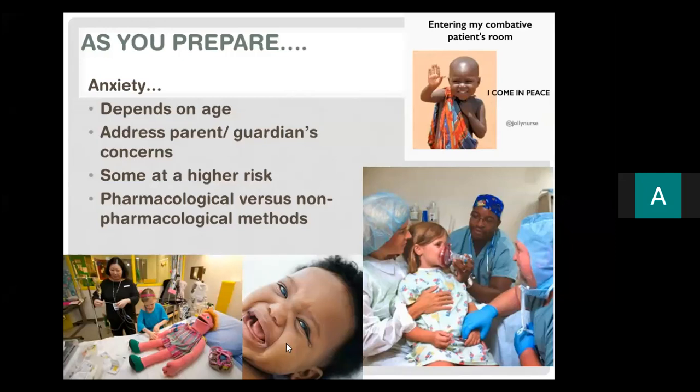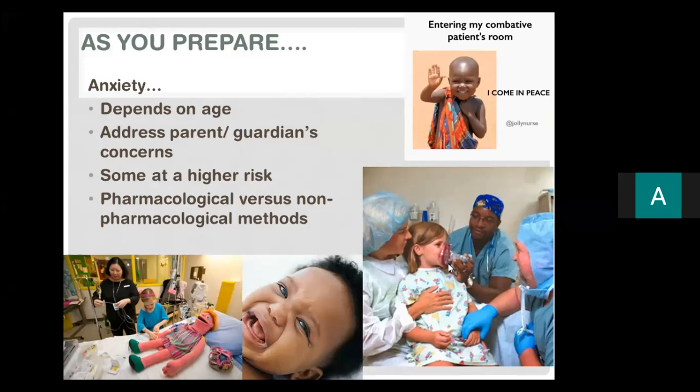For a child like this one crying, you probably won't be able to do this, but you might have their parents come in, okay? Like this one, this is probably the father of the child coming in with the child as she sleeps off, okay? Other things that are done are play therapy. They have masks that come in their favorite cartoon characters.